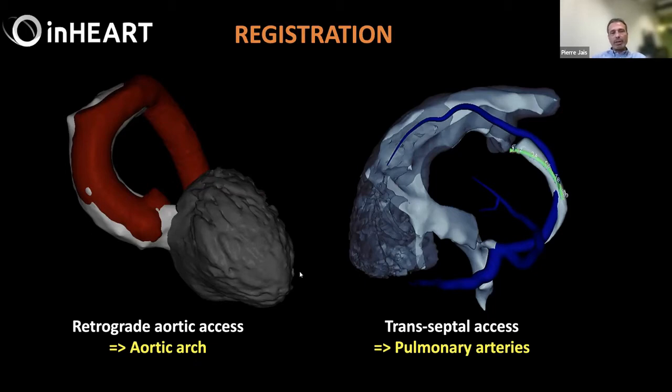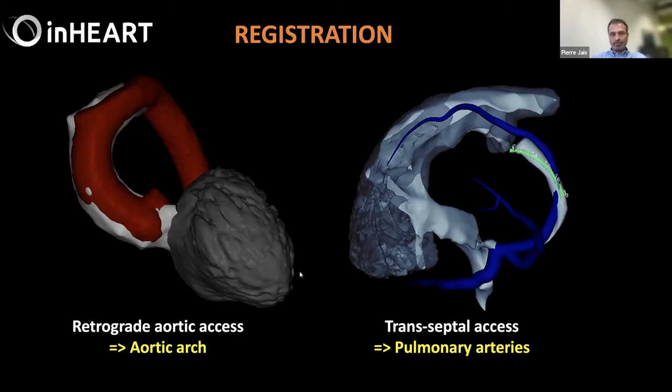This takes about 5 minutes, and then you align the two aortic arches and you get registered. We have a final verification where we advance the ablation catheter in the LV down to the apex and make sure that it's not out of the cardiac model that has been reconstructed from imaging.